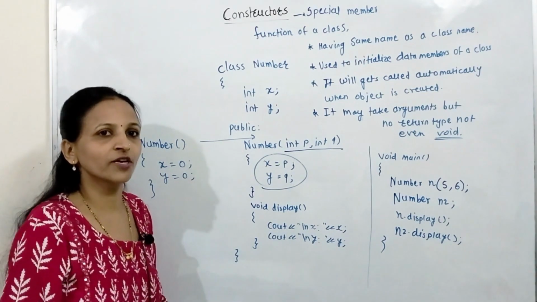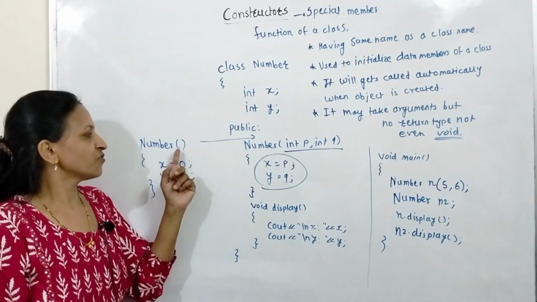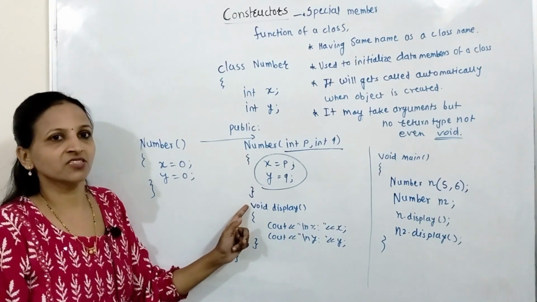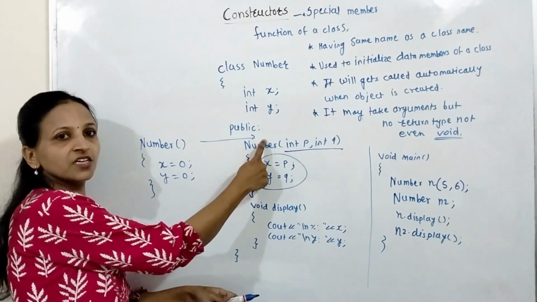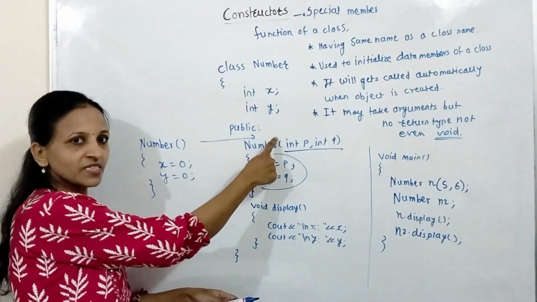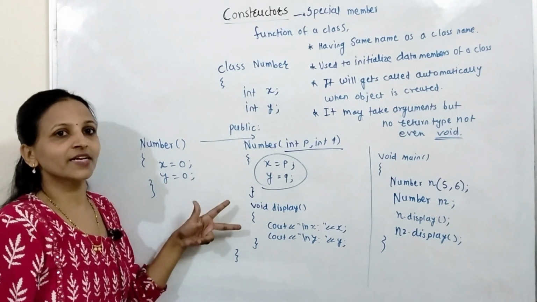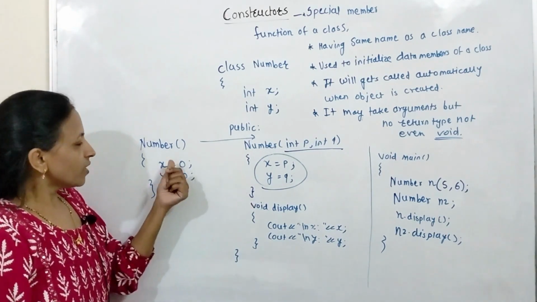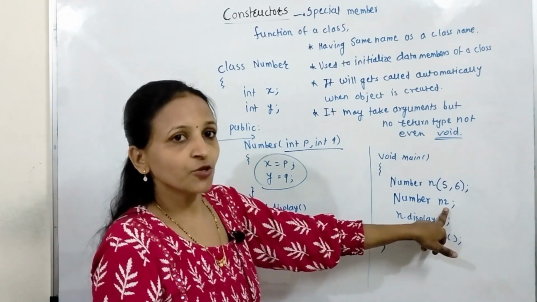Again there is one more type, that is the copy constructor. But now just try to understand the default constructor and the parameterized constructor. Here I have written one constructor. Just consider that I have written one more constructor at this place inside the public section, and after that I am writing this parameterized constructor. Getting? Now whenever we create an object like this, here I am not passing any argument.